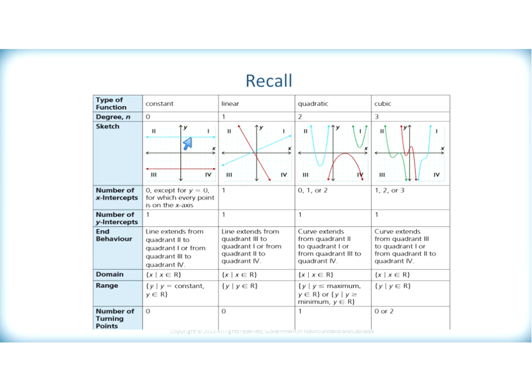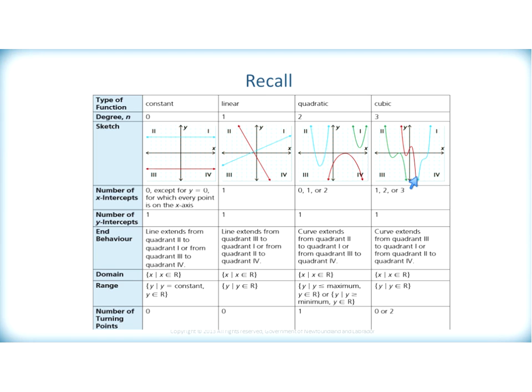The sketch of the graph: a constant is a horizontal line, a linear is an oblique line, a quadratic is a parabola that can open up or open downward, and a cubic is a sideways S or a backwards N or a stretched out N looking graph.